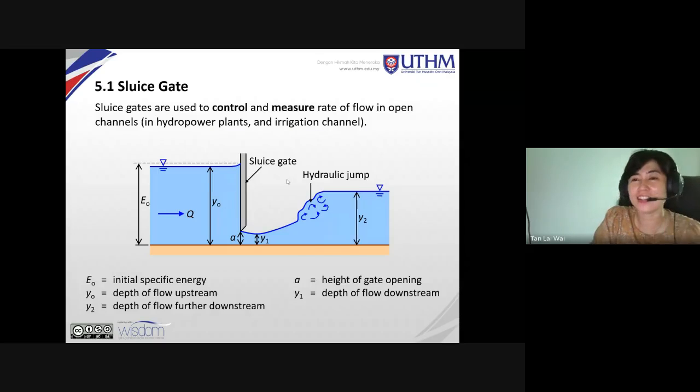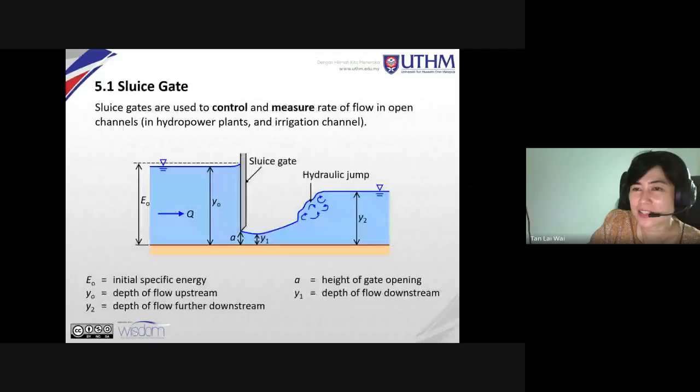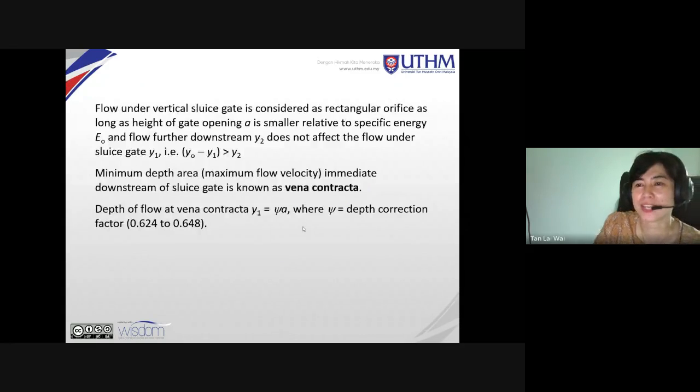And a flow further downstream, Y2, does not affect flow under the sluice gate. What it says here is that this Y2 does not submerge this. Sometimes you'll see that this Y2 will come out and drown Y1, so it's actually affecting the flow out of the sluice gate.